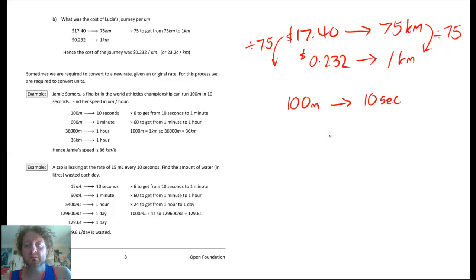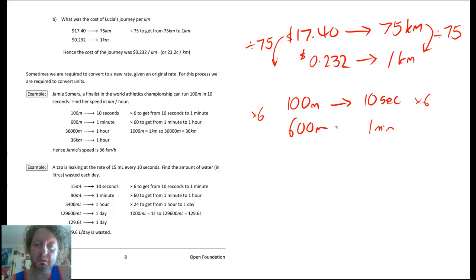So instead of converting this number and dividing by something, I'm going to convert this by timesing. If I've got 10 seconds, my first step is, if I times both sides by 6, at least 10 seconds becomes 60 seconds as 1 minute. So 600 metres in 1 minute. And now I want to get to hours, so I'm just going to times by 60.